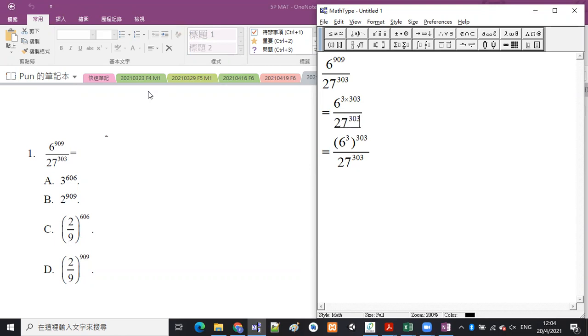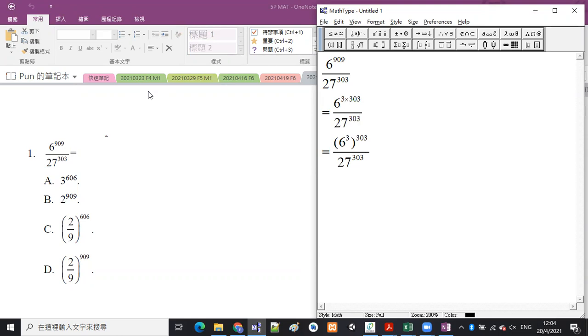Okay, and then you know that the power of power can be written as the product of powers. And now it is in the reverse direction. Originally, we have the product of two powers multiplied together. Then we need to change it to be a power of power. 6 gets the power 3 first, and then the whole number gets the power 303.